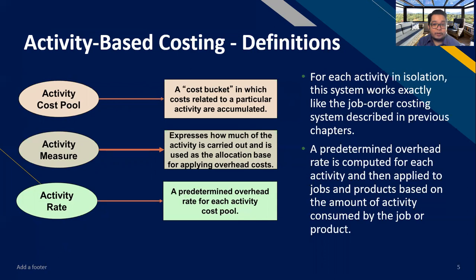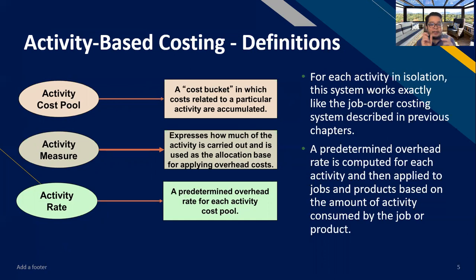So the key here is that a predetermined overhead rate is computed for each activity, and then you apply it to the products for each activity. What's different is that in a plant-wide overhead, all the overhead is accumulated into one cost pool and we apply it based on one activity rate.